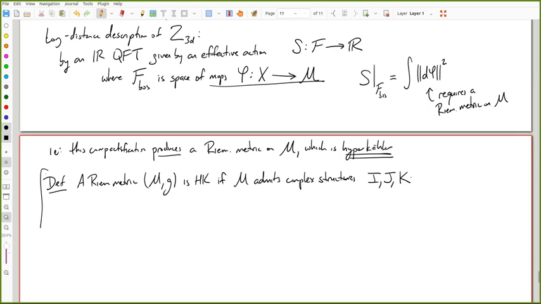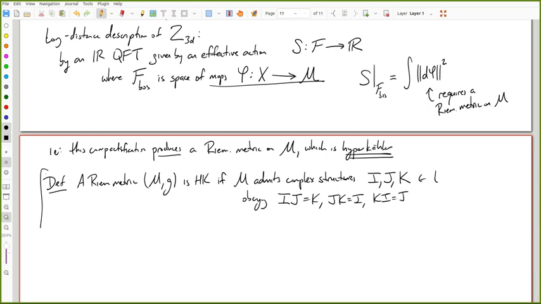That's complex structure I. But the cool miracle about this space is that it doesn't only have that one complex structure. It has more. In particular, it has these 3, I, J, and K, which obey the quaternion relations. So IJ equals K, JK equals I, KI equals J, as well as, of course, they all square to -1 because they're complex structures.